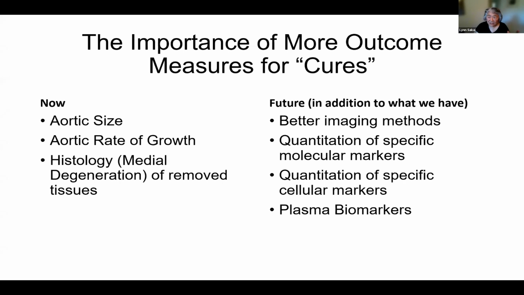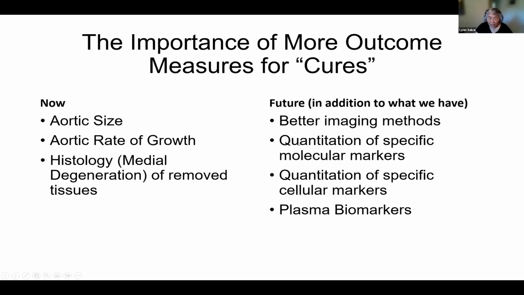We can't just look at, for example, a histological slide and say, well, that slide looks like it has no PSMAD immunolocalization, whereas the disease slide does have PSMAD immunolocalization. We feel that we need much more rigorous quantitation of these markers.